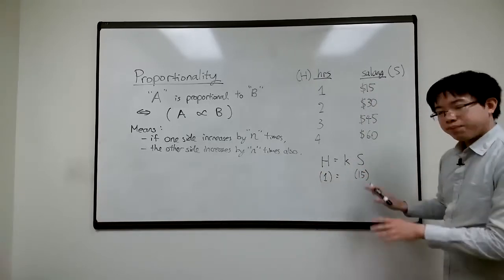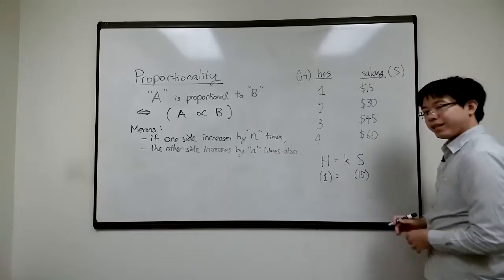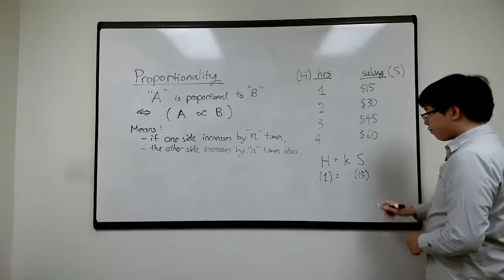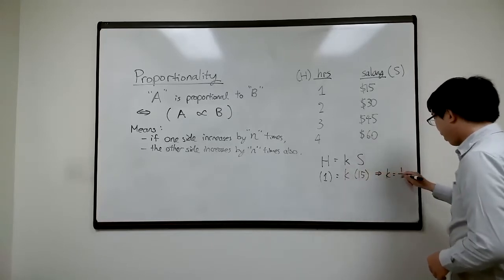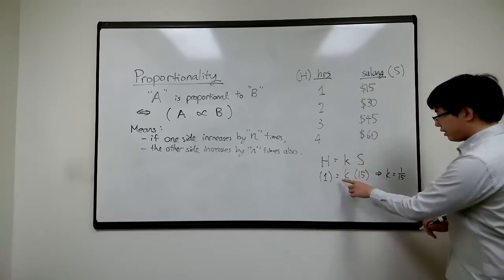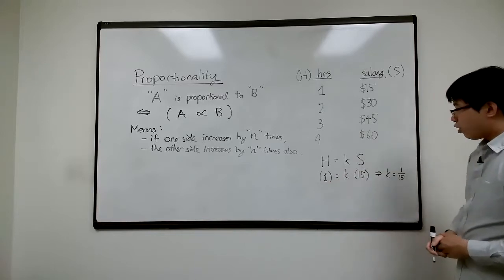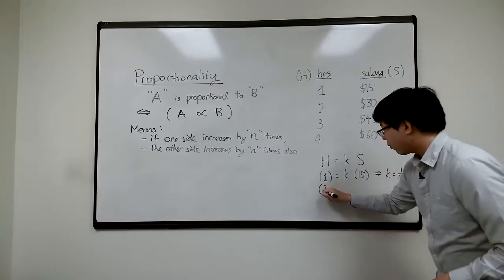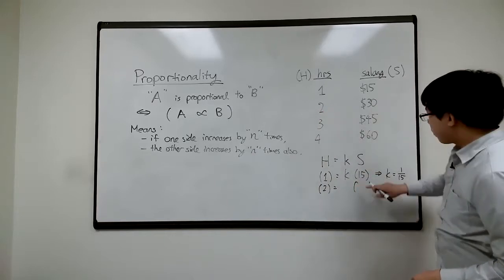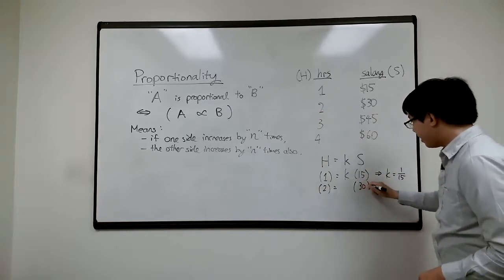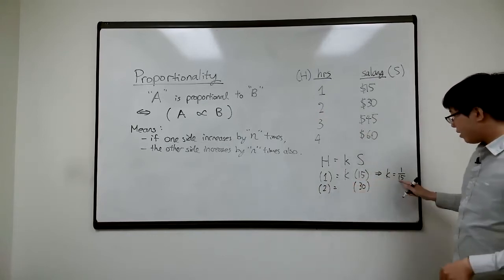All right, so let's suppress all the units for now. Just worry about the numbers. We'll deal with units later on. What does that tell me about K? Well, that tells me K should be 1/15, right? So that would make this work, okay? So now let's check if that works. If H is 2, what should I get? My salary should be 30, and what is K again?